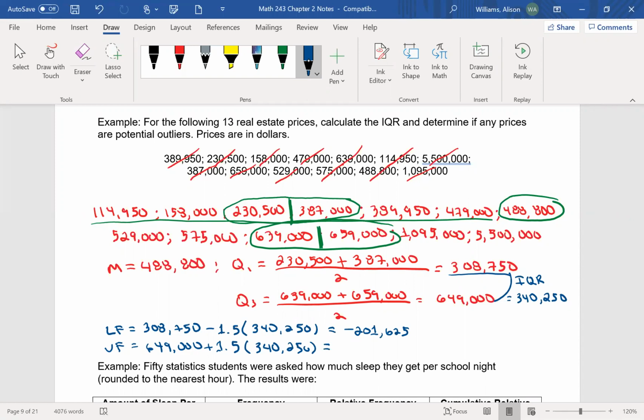And that comes out to 1,159,375. All right. So our last data value is bigger than that number, which means our last data value is an outlier.